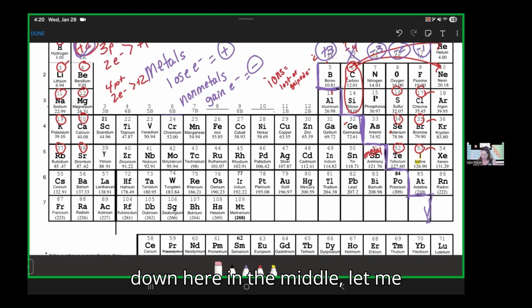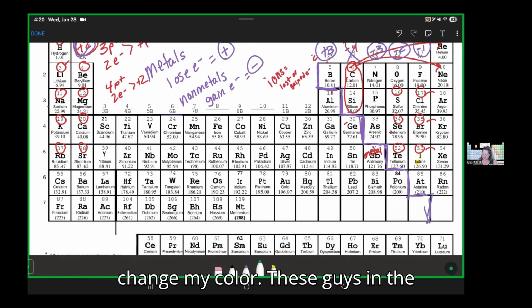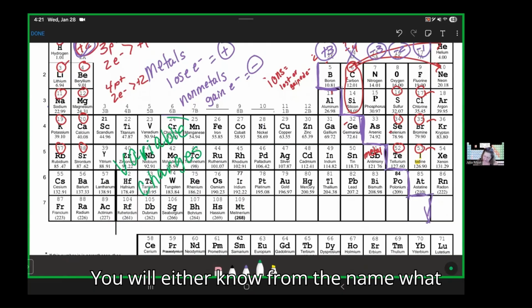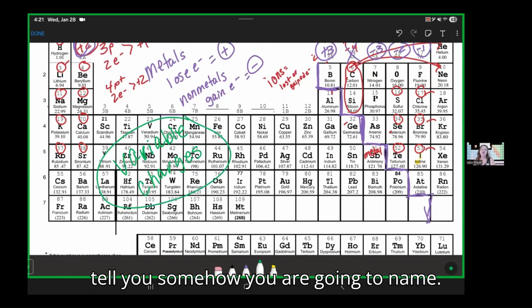Okay, so down here in the middle, let me change my color. These guys in the middle here, these transition metals, these are variable charges. Okay. You will either know from the name what the charge is, or somehow we're going to tell you.